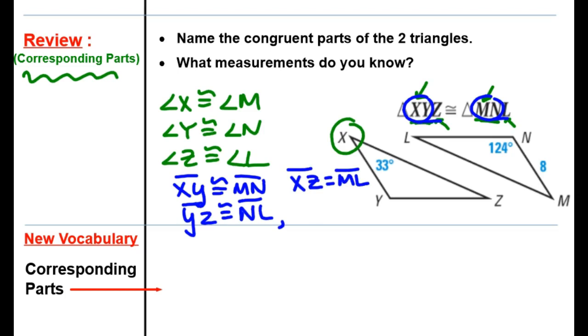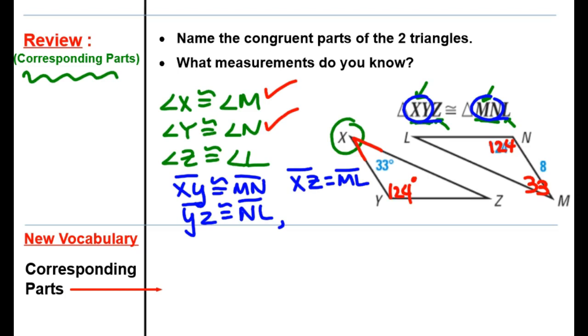Then it says, what measurements do you know? So we can go back and look here. Angle X we said was the same as angle M. So I can take this 33-degree angle that I have right here and put it over here at 33. I also notice that I have 124 at angle N. I look over here and it says angle N is the same as angle Y, so I can fill in a 124 right there.